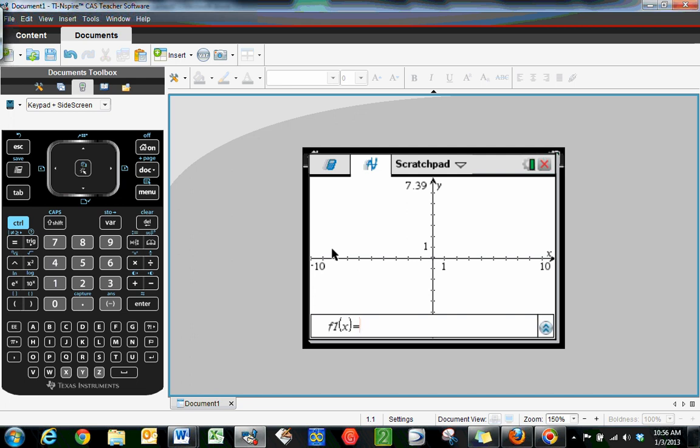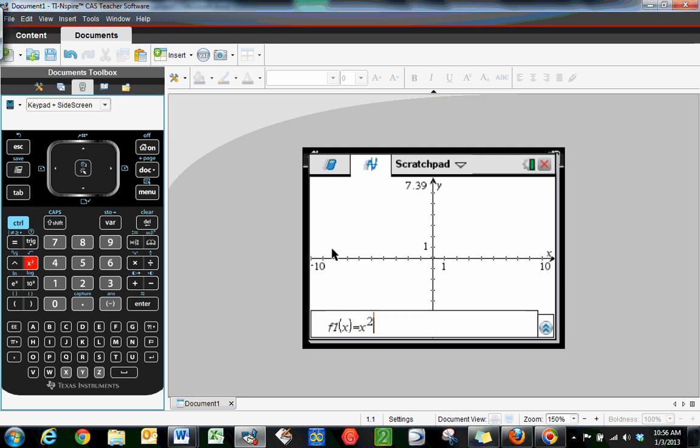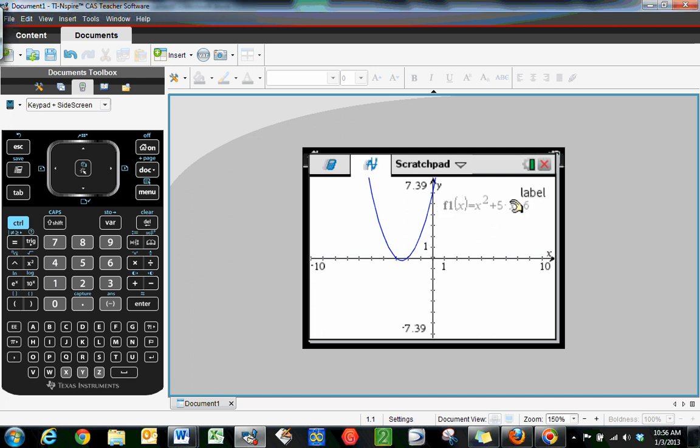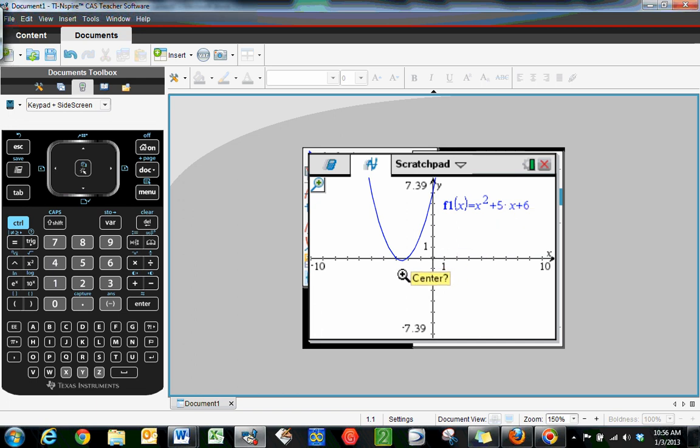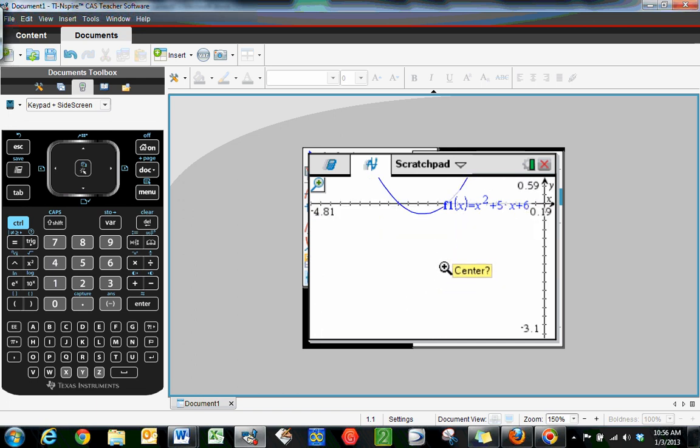So I'm just going to go ahead and graph this particular quadratic equation that we had, which is going to be y equals, or f of x equals x squared plus 5x plus 6, and if I hit enter, we see that we have a quadratic function that creates a parabola, and if you look very closely, you can see that it's hitting the x-axis in a couple different places. Now it's a little difficult to see, so we're going to zoom in just a little on this and try to get a closer look at it.